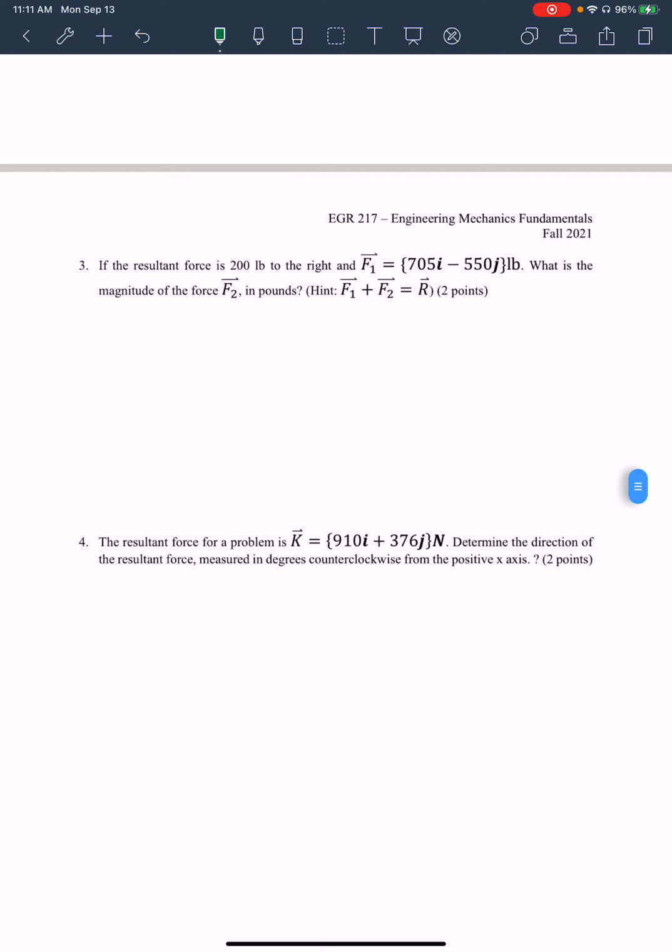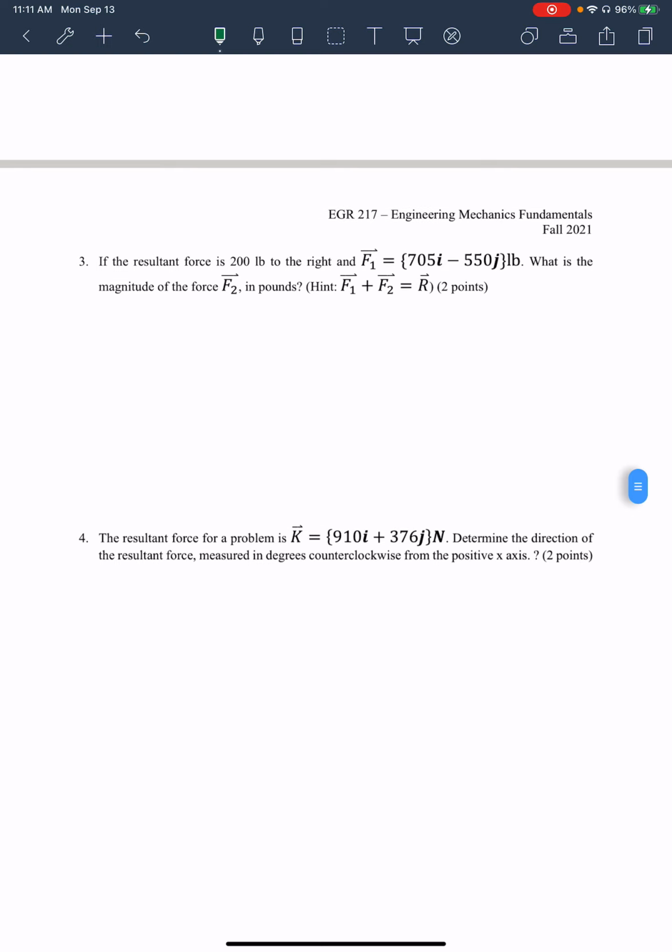Now question 3: if the resultant force is 200 pounds to the right, and F1 is 705i minus 550j, what is the magnitude of the force F2 in pounds? So the resultant force, let's draw this.